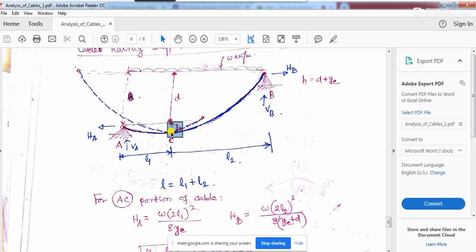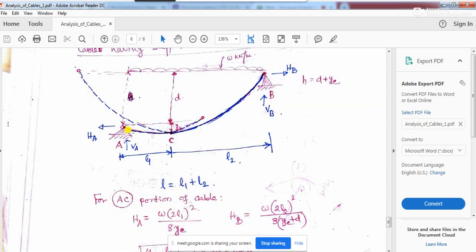This is actually the dip for this portion of the cable, that means up to this length L1 of the span. The total span of the cable is L1 plus L2, so the total span of the bridge deck is basically L1 plus L2.